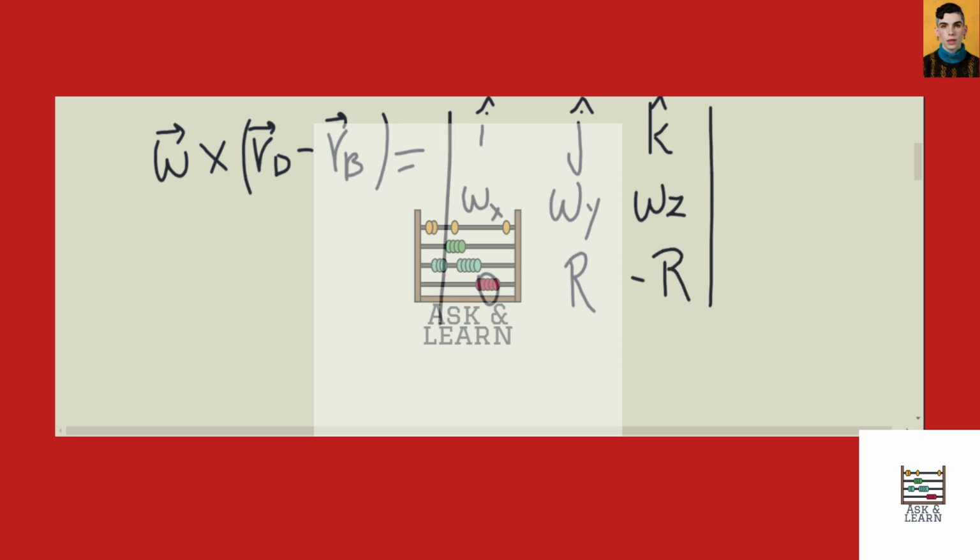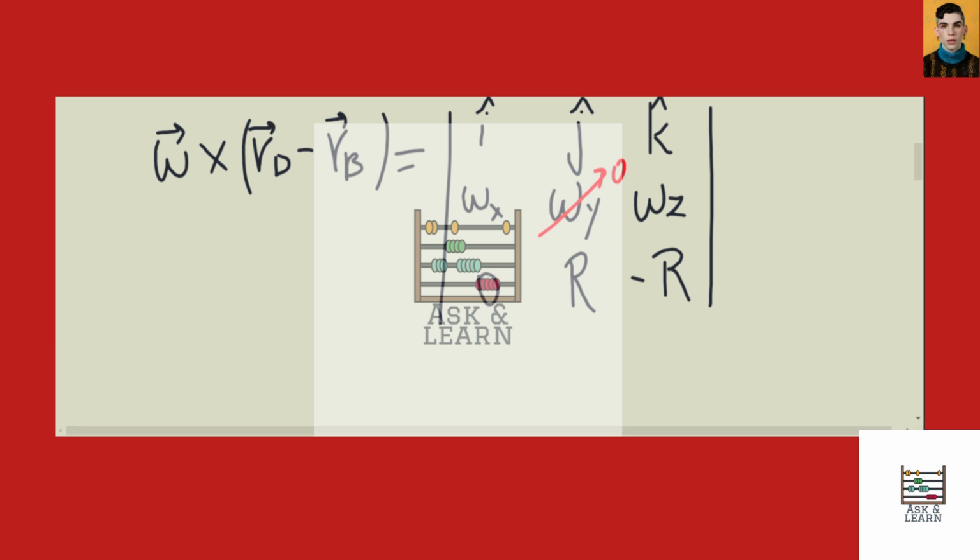But before we continue, someone might see that there's already a simplification that can be made. We know that the bowling ball is rolling on the xz plane. So this immediately indicates that the direction of the angular velocity is on this plane.